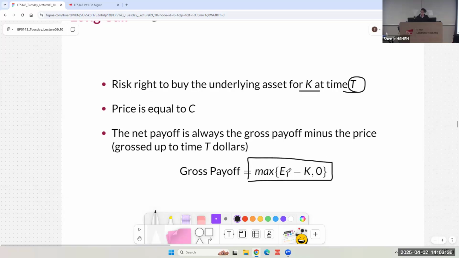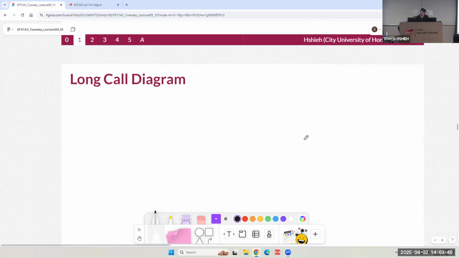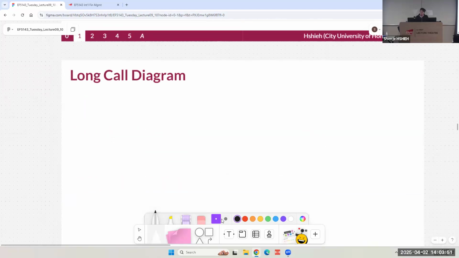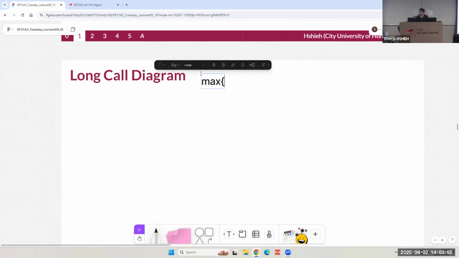It's a max function, again, ET minus K over 0, meaning that if ET falls below K, I will just resort to not exercising and therefore get a 0 gross payoff as a result. So let's try to be more precise. What I'm trying to do now is to show you what a long call option looks like.